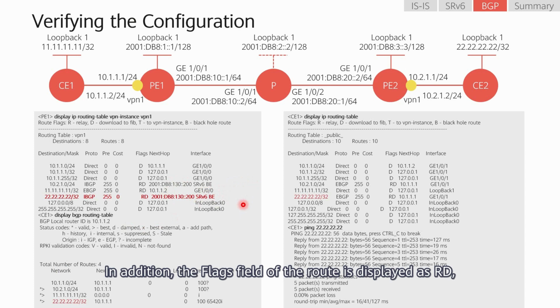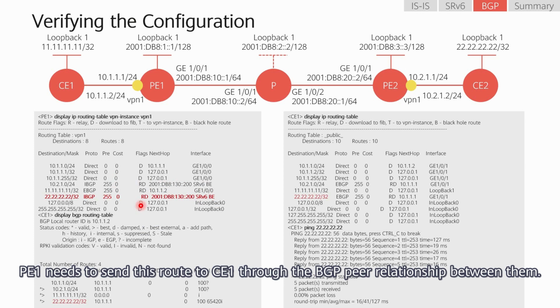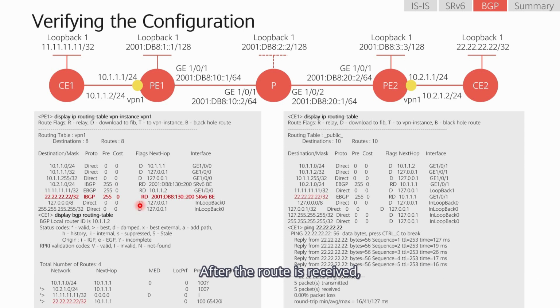In addition, the flags field of the route is displayed as RD, indicating that the route is a recursive one. PE1 needs to send this route to CE1 through the BGP peer relationship between them. After the route is received, it first enters the BGP routing table of CE1, as shown in the command output.